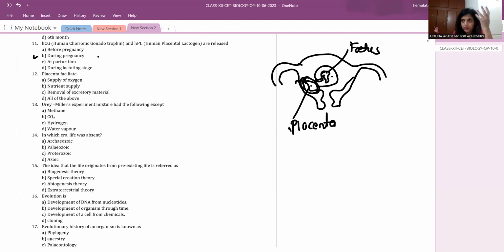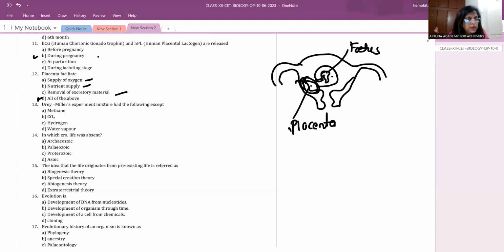It helps in the transportation of nutrients, and it also acts as a liver by converting glucose into glycogen. So it helps in all these functions, not one only. Supplying oxygen, nutrient supply, removal of nitrogen waste, all are right. So the answer is option D, all the above.